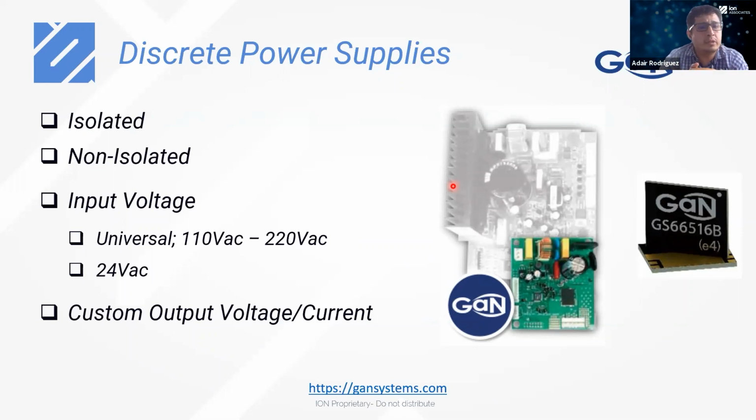Maybe universal power base voltage AC, yes, but as we know, for these kind of locations, for this kind of industry, maybe the 24 volts AC is more common. These power supplies or discrete power supplies can help us customize depending on our requirement.